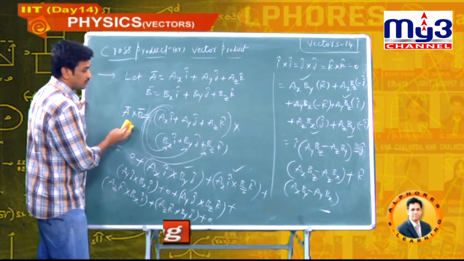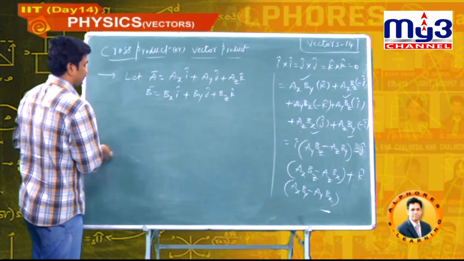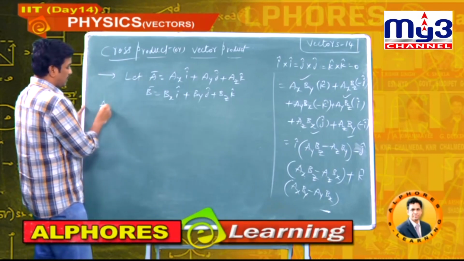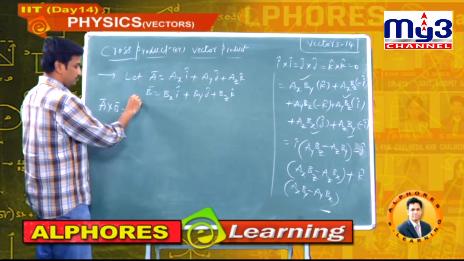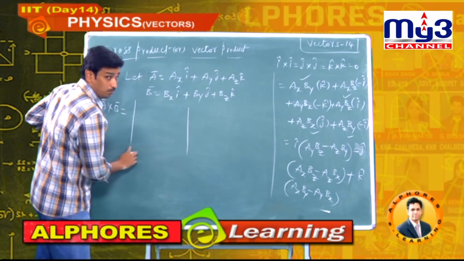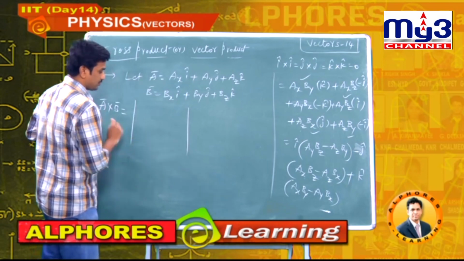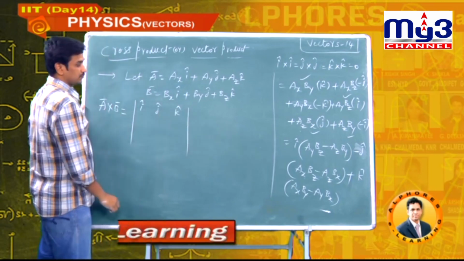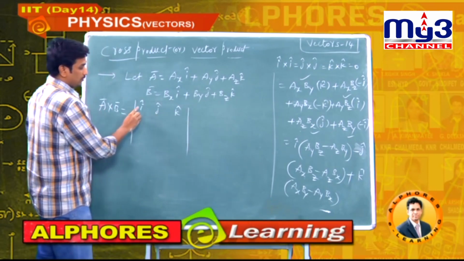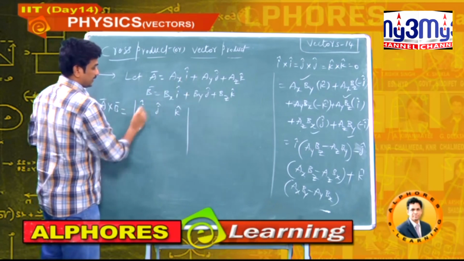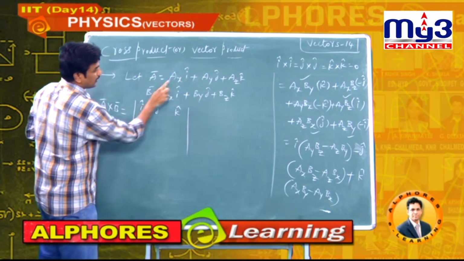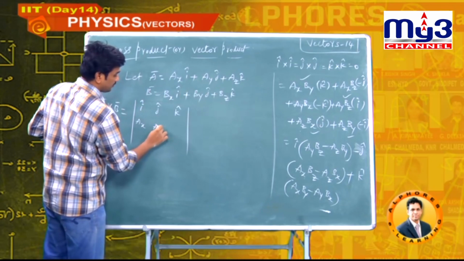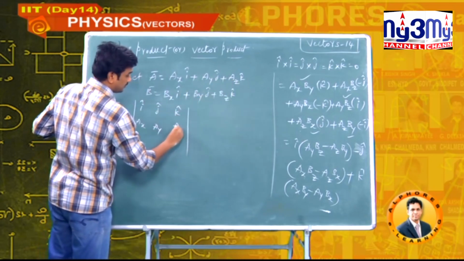Same thing I will do by using one more technique. See here, this we will apply when you are solving numericals. Use this: A bar cross B bar, symbol modulus, I cap, j cap, k cap. Now I cap coefficient Ax, j cap coefficient Ay, k cap coefficient Az.